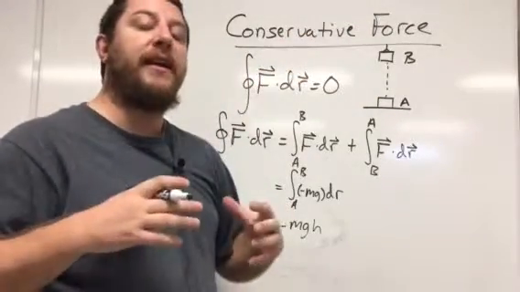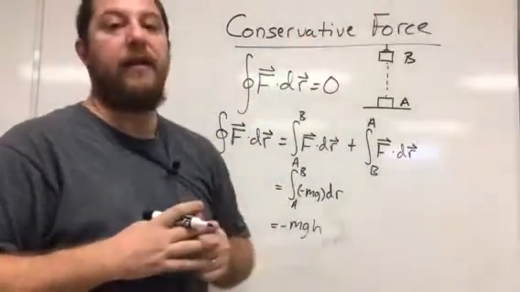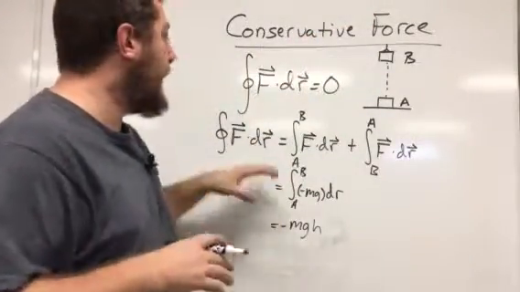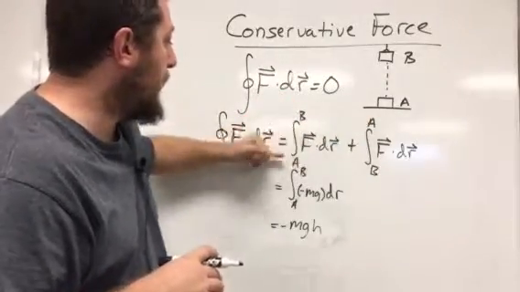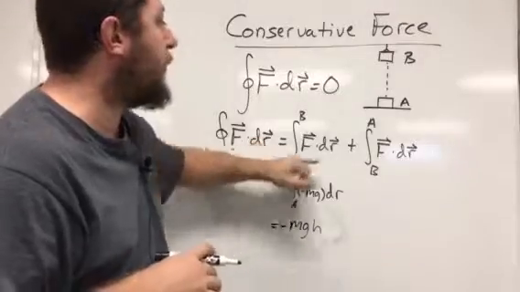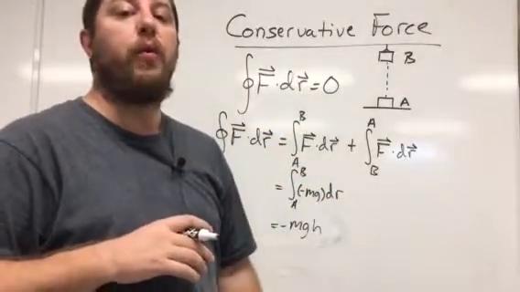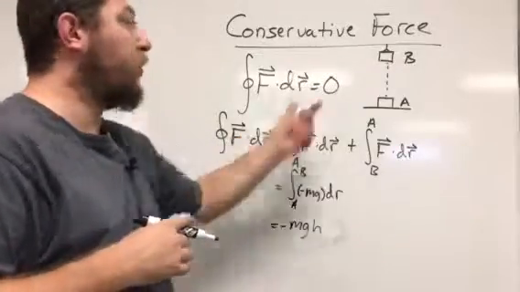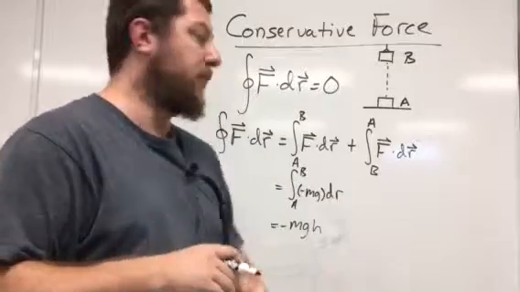Now we have to calculate the amount of work that was done by gravity in dropping the object. The whole idea is that this integral, broken up into these two pieces, the piece where the crane is lifting it up and the piece where it is dropping, are going to cancel each other out, and the total work will be 0. If we can do that, then we can show that gravity is indeed conservative.